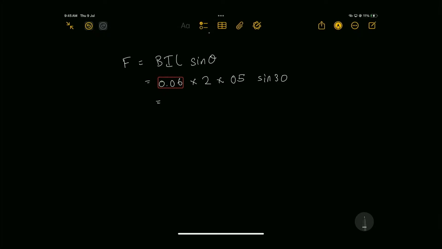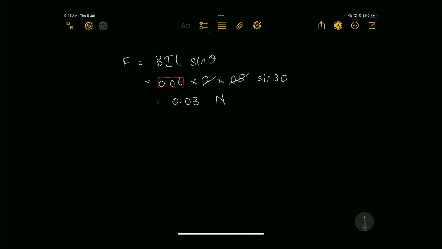So this is equal to, so 0.5 by 2 is equal to 1. So this would just be equal to 0.03 newtons, right? Because sine of 30 is equal to a half. So that is part C.